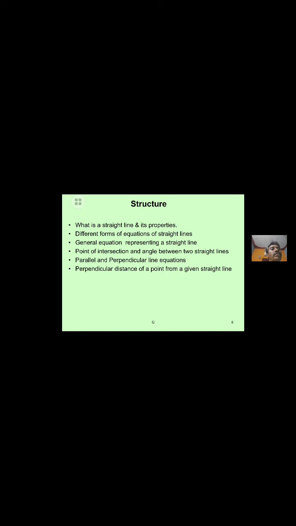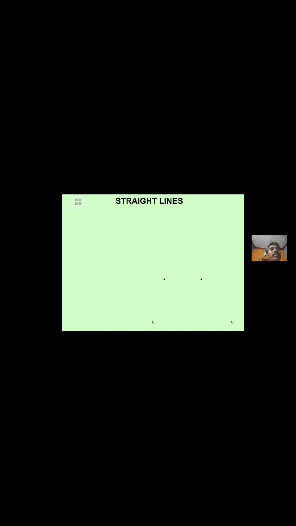Perpendicular distance of a point from a given straight line. Distance between two parallel lines. And summary, quiz. So today in this class we will discuss in this order. So here I am giving a structure.